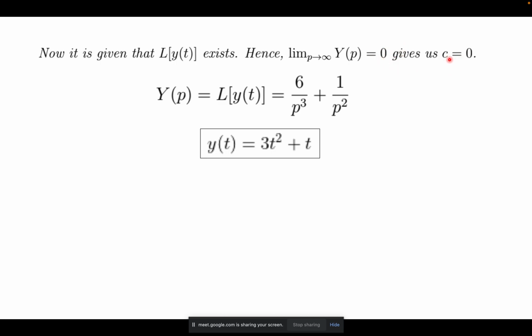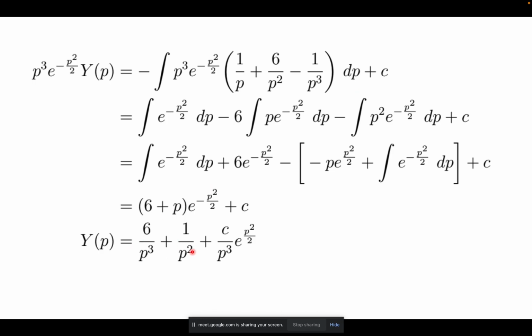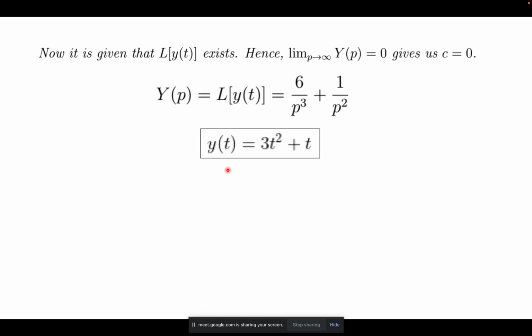So if I put p equal to infinity here, and the Laplace transform of that is 0, I will get the value of the constant equal to 0. So basically c is equal to 0, and from here I can write the Laplace transform of y, and then take the inverse Laplace transform in order to find y of t.